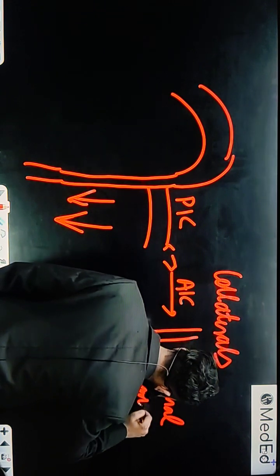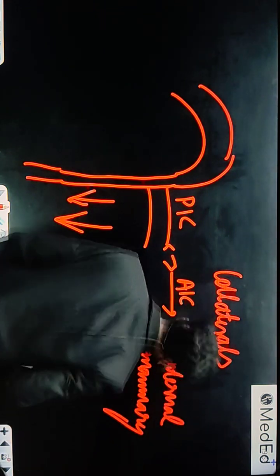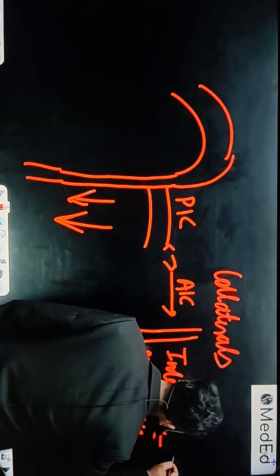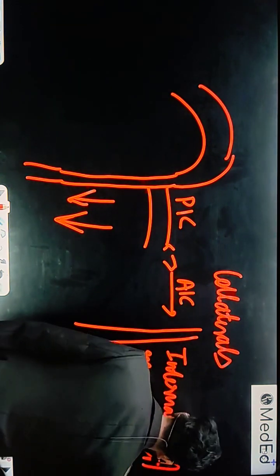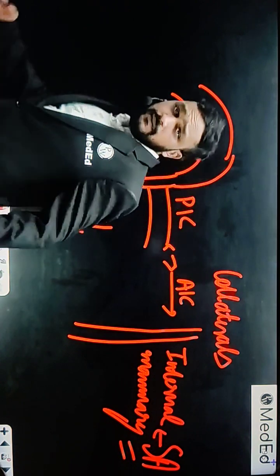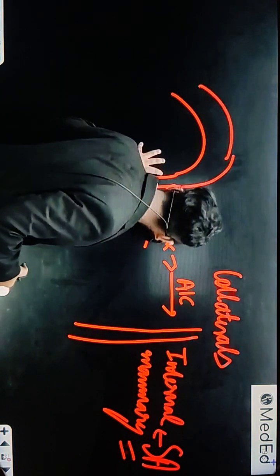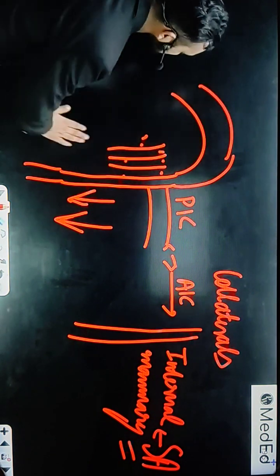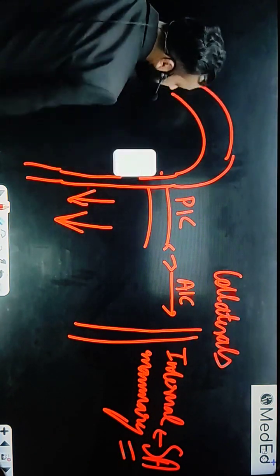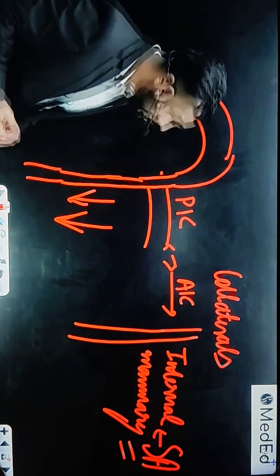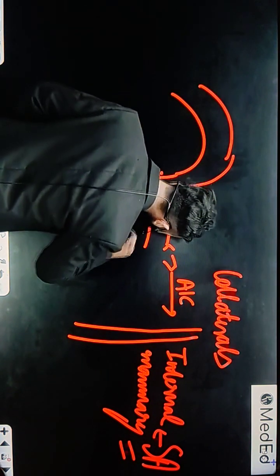And the internal mammary artery is further a branch of the subclavian artery. So these collaterals are going to form, and they are going to supply the descending thoracic aorta. Now because of these collaterals, the posterior intercostal arteries will get prominent.